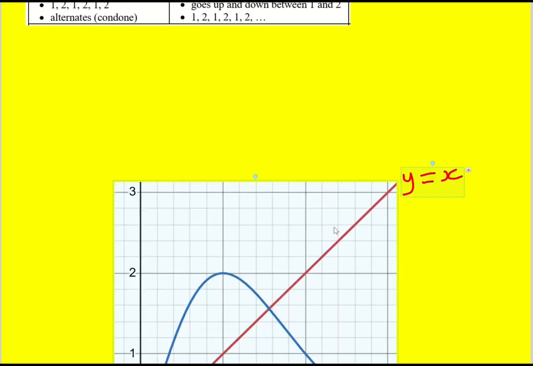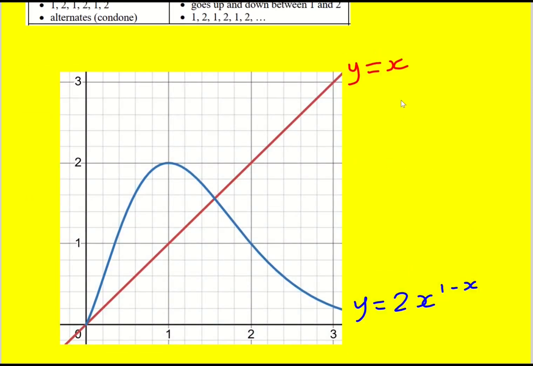Last little comment, thanks for sticking around for it. I've decided to plot the graph of y equals x and y equals 2x to the 1 minus x and show you how the fixed point iteration is working. So we can see the root here between 1.5 and 1.6. We know it's there, but when we put in 1.5, although it feels like it's going to spiral in towards it, it actually ends up just spiraling out like this.